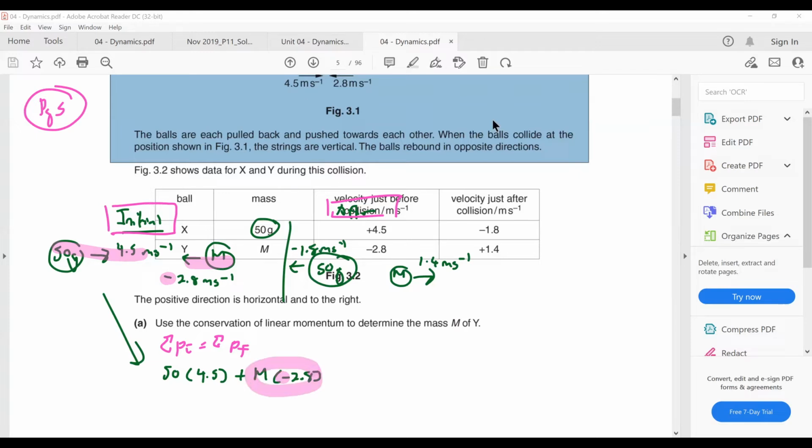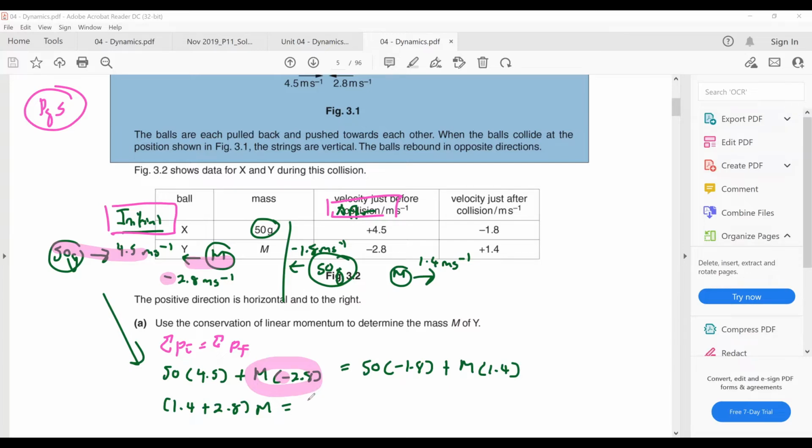Then you sum up the momentum after the collision, and you will get 50 times negative 1.8 plus m times 1.4. When you substitute in everything, you should get something like this. This is 1.4 plus 2.8 m.